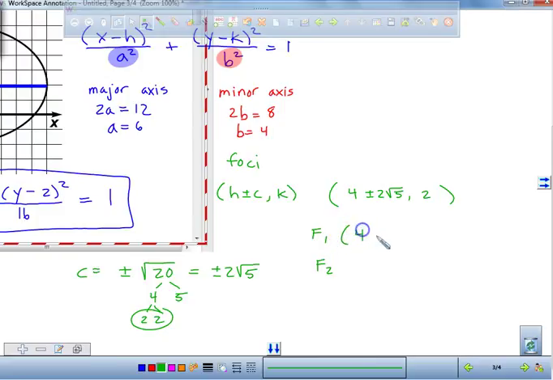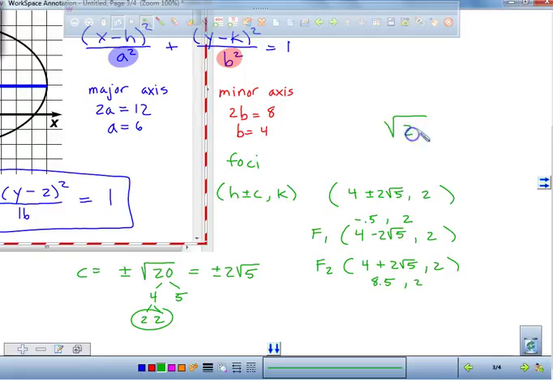Focus 1, I'm going to do 4 minus 2 radical 5, comma 2. Now, Josiah, you found that to be about negative 0.5, comma 2. That's the approximate value, okay? This is the exact value. This is 4 plus 2 radical 5, comma 2. And you found that to be about 8.5, comma 2.